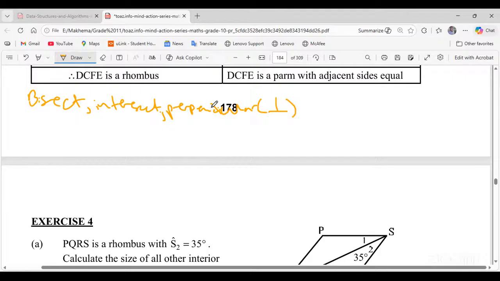Bisect means cut something into two equal parts. Intersect means they are just cutting each other, and there is an intersection point there. Perpendicular means that where they cut each other, the angle there is a right angle.